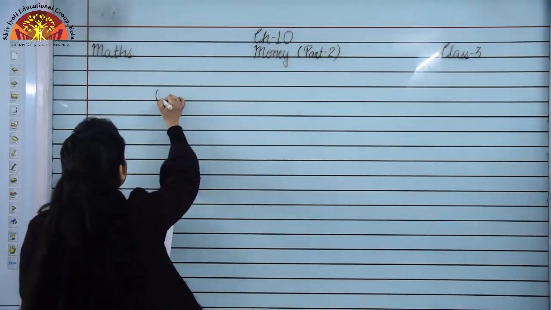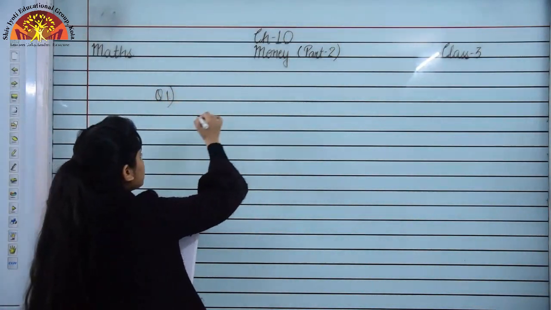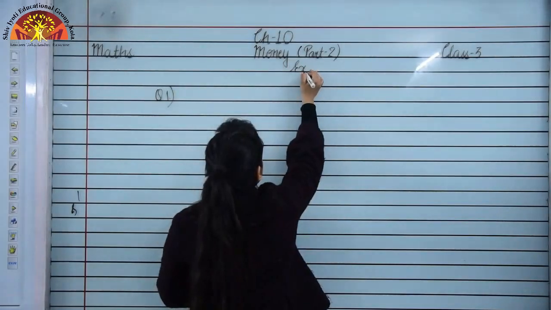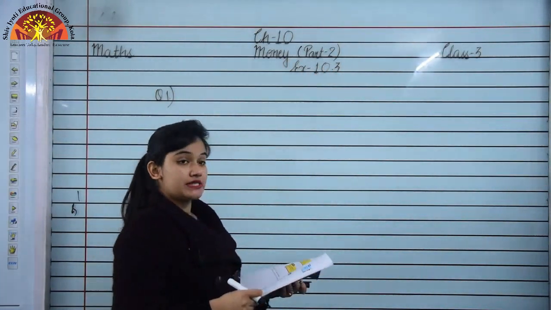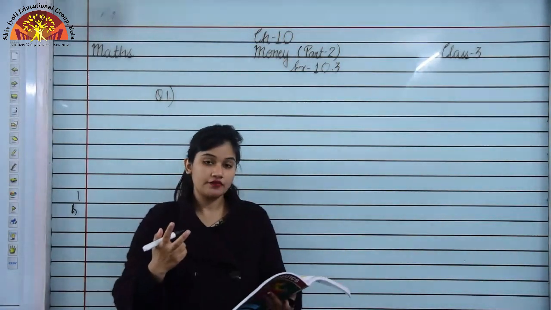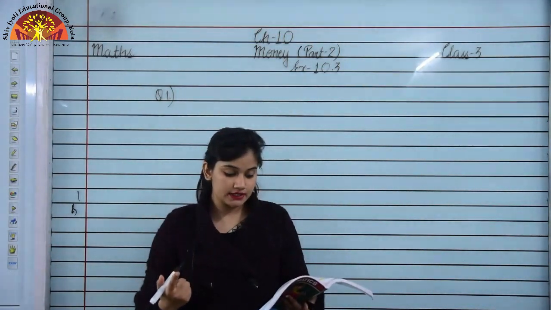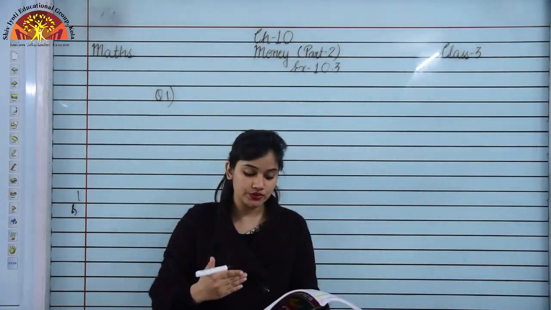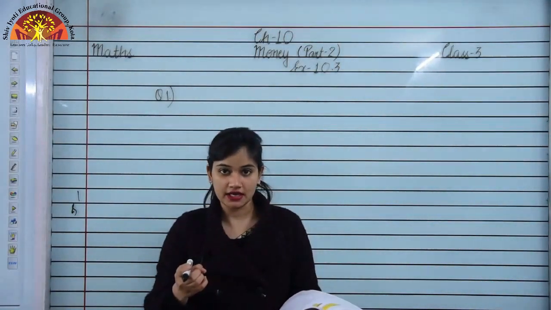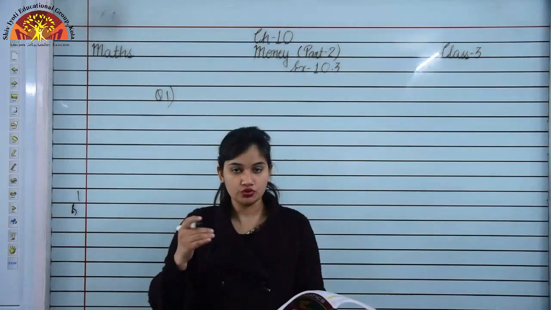I am taking question number 1 of exercise 10.3, that is multiply. Here we have two numbers, and the A part is 26 paisa, and we have to multiply this 26 paisa by 2. So how can we multiply money? Very simple, just like we do simple multiplication, as it is we have to do here also.